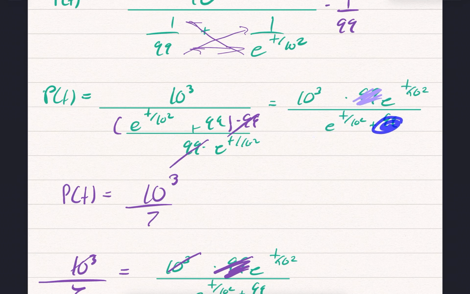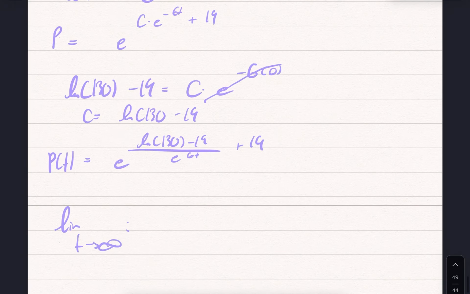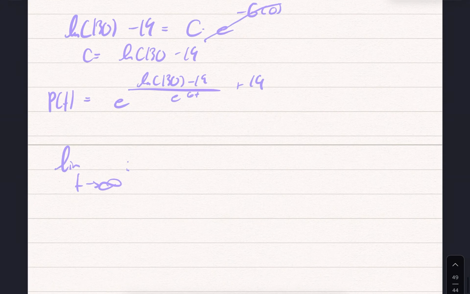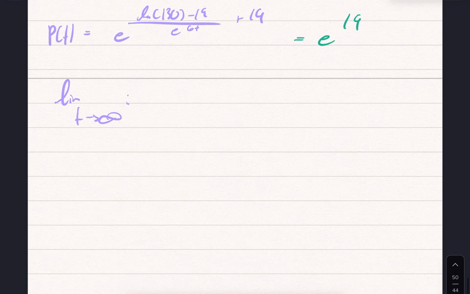And at infinity, this won't really matter. I can't imagine on the last one why we really define our limiting value as that. But over here, it's much clearer to see that this will go until infinity. You're going to have some number, a small number at that, over a really large number. So this will be 0, okay? And your limiting value will be equal to e to the 19, okay?